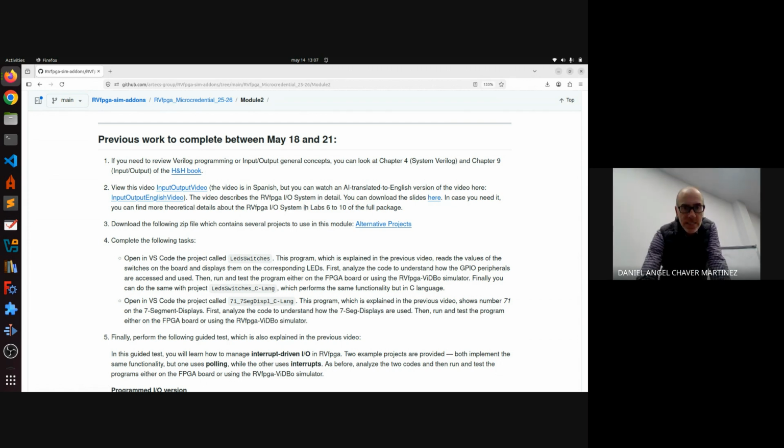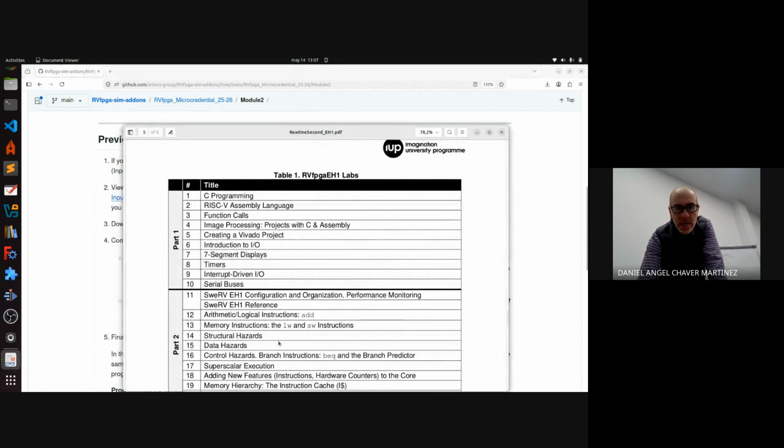If you are interested in testing and working with more advanced peripherals, there are many labs in the whole RVfpga package that you can download from Imagination in the provided link that I showed you before. There are labs about timers, about serial buses, such as the accelerometer in the board and the temperature sensor in the board.